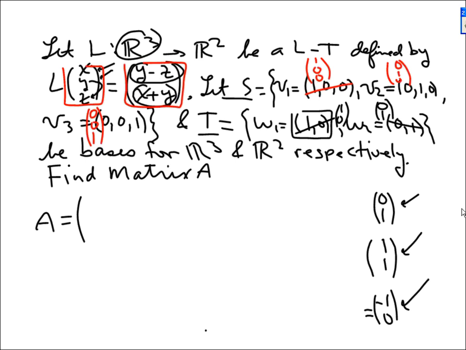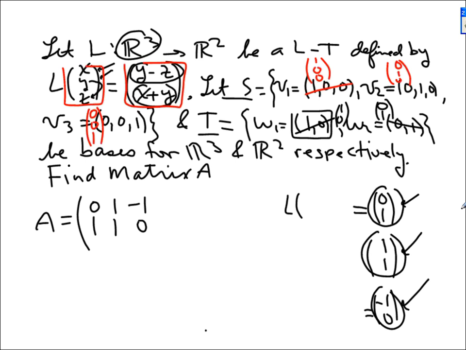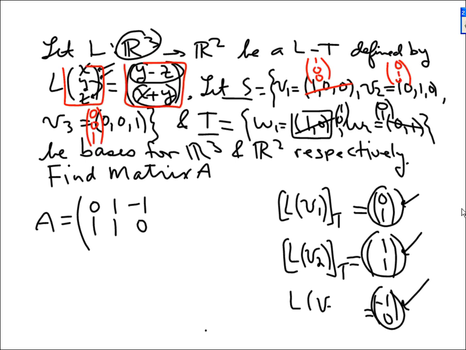Matrix A is 0, 1, 1, 1, negative 1, 0. This was the first column, this was the second column, this was the third column. Because this 0, 1 was the coordinates of L of v1 with respect to the basis T, and 1, 1 was the coordinates of L of v2 with respect to T, and then L of v3, the coordinates of that with respect to T.